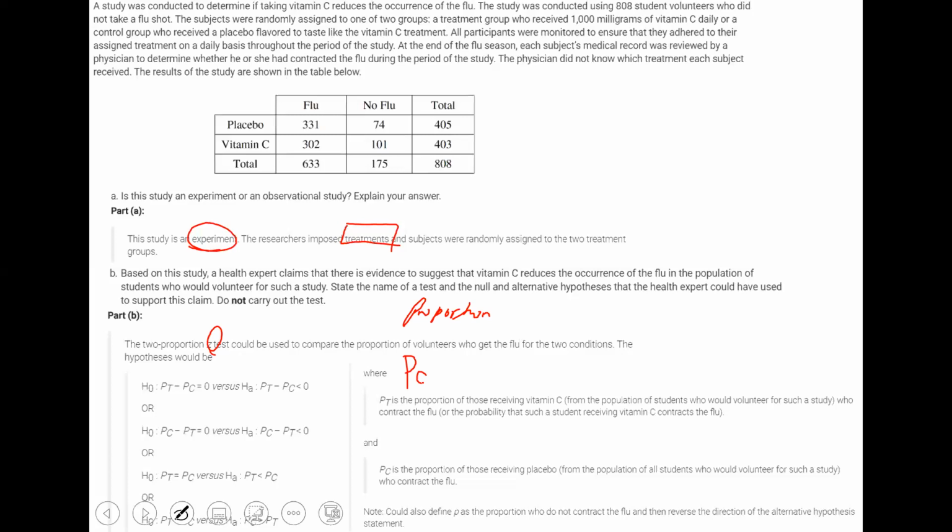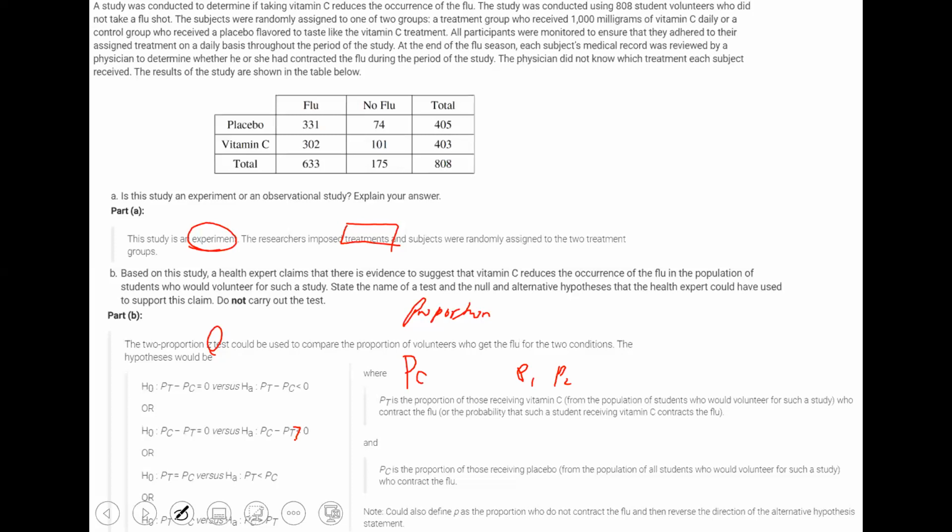But it is very wise for you to actually define what you use, especially if you use something like P1 and P2. There's no way I can distinguish which one you're referring to. And there was a typo in the answer. This should be the other way.